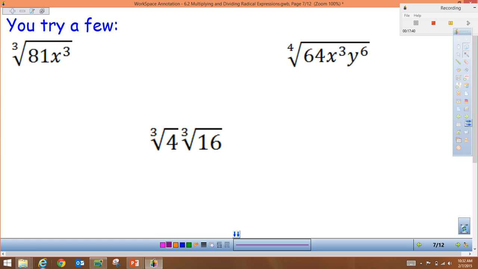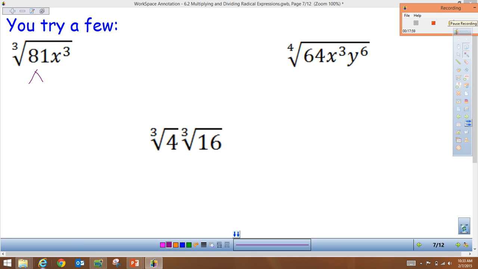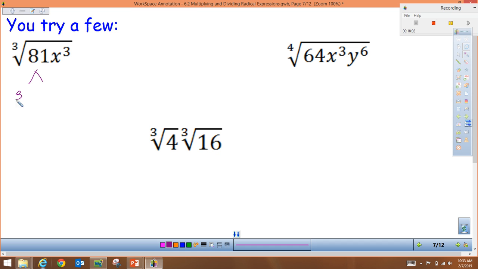You should have split 81 into the cubed root of 27 times the cubed root of 3, which gives you 3 times the cubed root of 3.